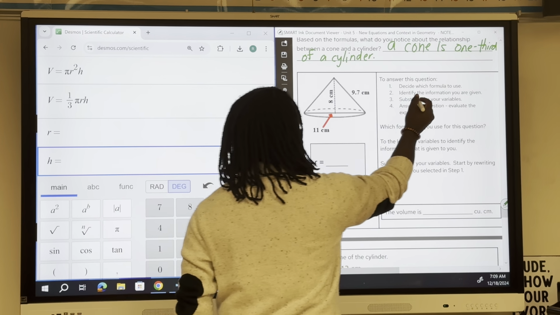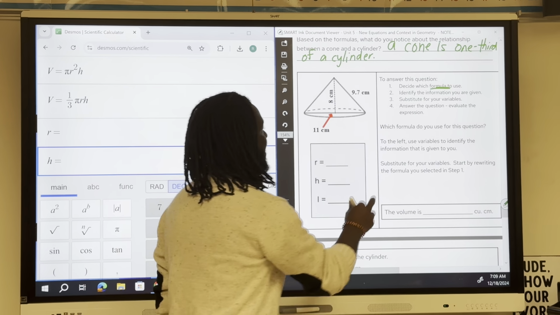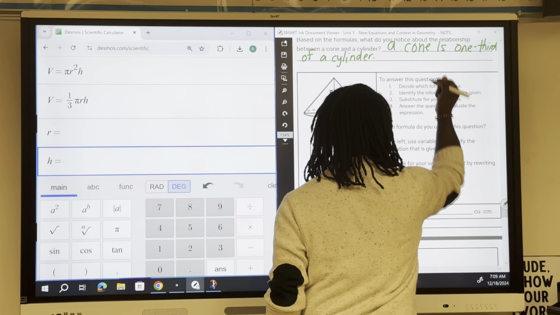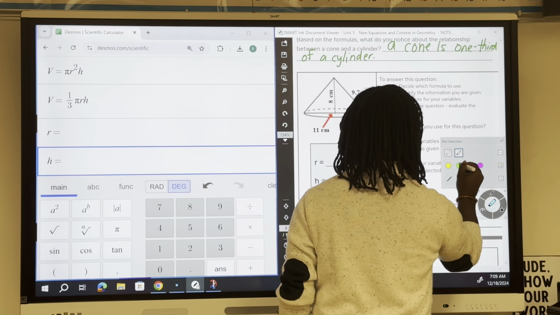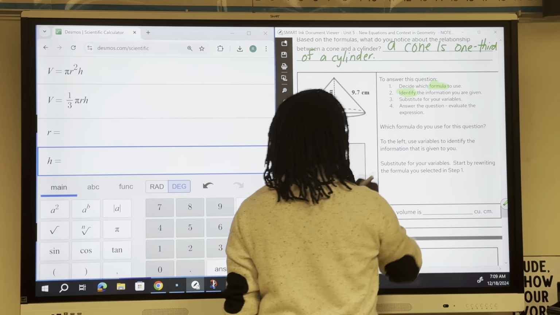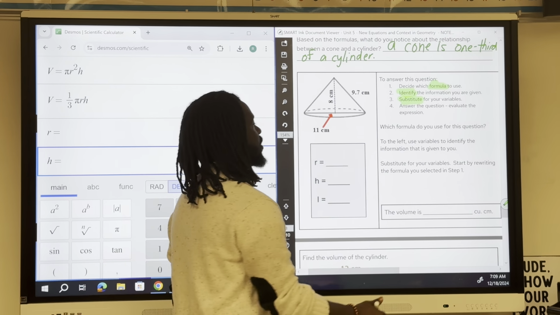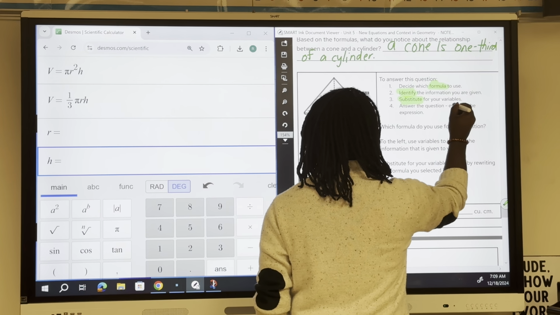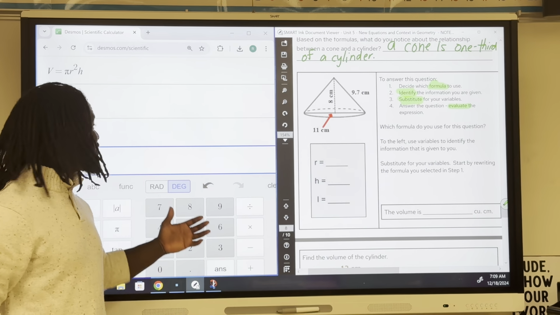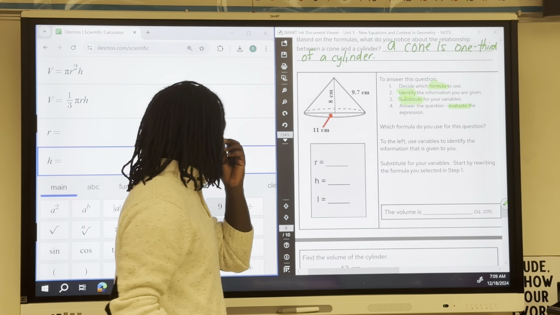First, we decide which formula to use. Then we identify the information. Then we substitute it in for our variables, and then we answer the question just by evaluating it. And to evaluate it, we can use the Desmos calculator to do the work for us.